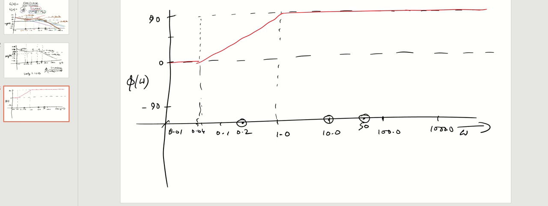The effect of the pole at 10 would be, let's say, somewhere here. 10 by 5 is 2.0, not exactly here, maybe somewhere here, and this is 50.